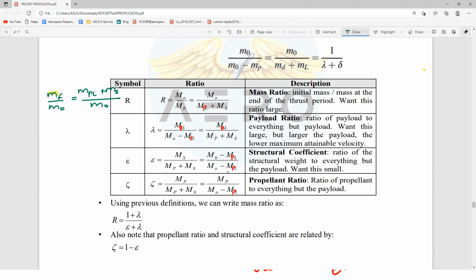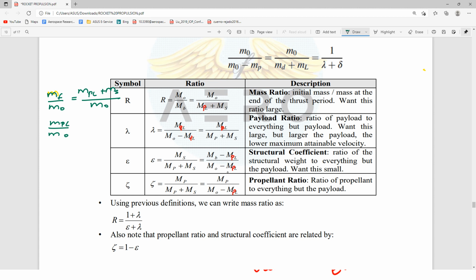Next, the payload ratio. So what was the payload ratio formula? MPL by m naught.